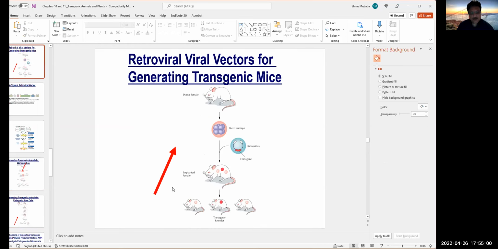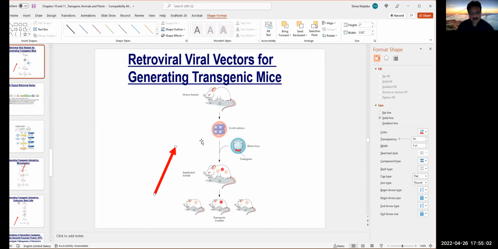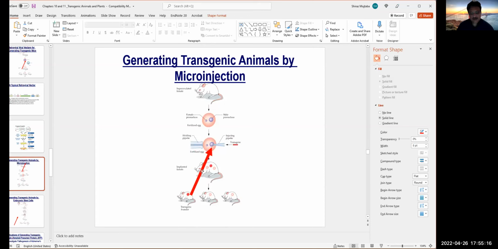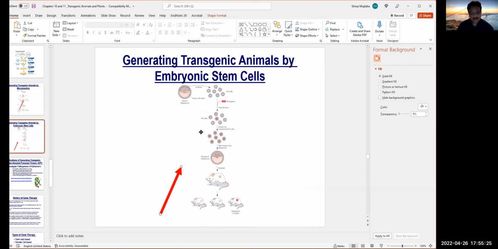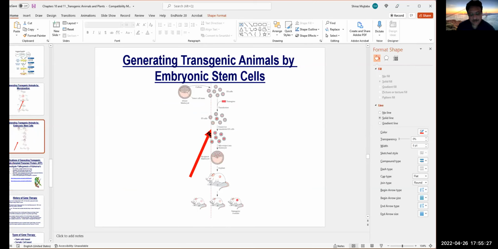One is to directly insert the retrovirus with foreign gene into the embryo. That's the first approach. The second approach is to inject the foreign gene, the transgene, into the nucleus, right at the stage after fertilization. And the third is stem cells. Three approaches: directly into the embryo, then microinjection, and then stem cells.